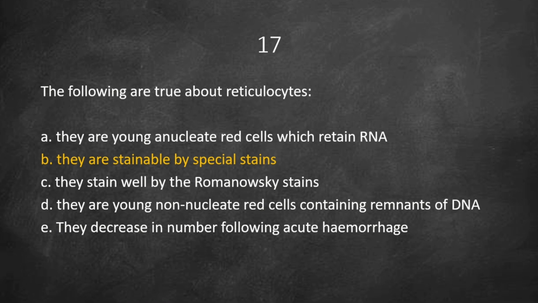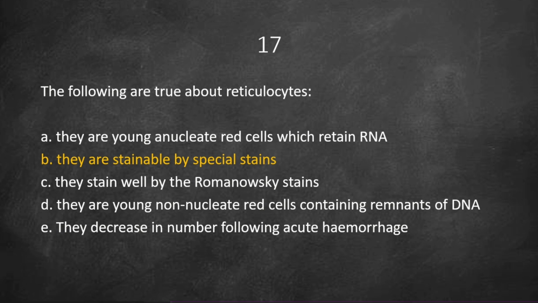So option C is also correct, but we are choosing option B over C because the answer says they stain well by Romanowsky stain. Because of the word "well", we put a sense of comparison between special stain and Romanowsky, and special stain does a better job. So we choose option B as our answer.